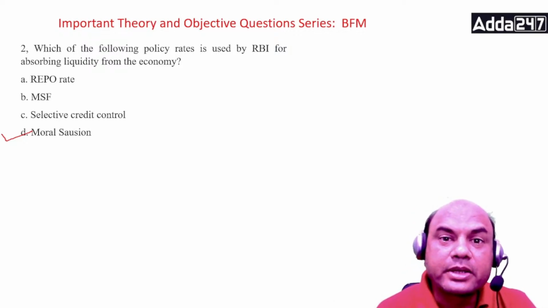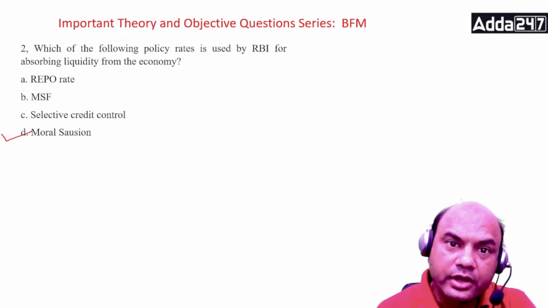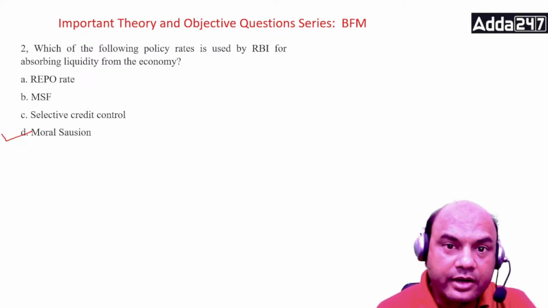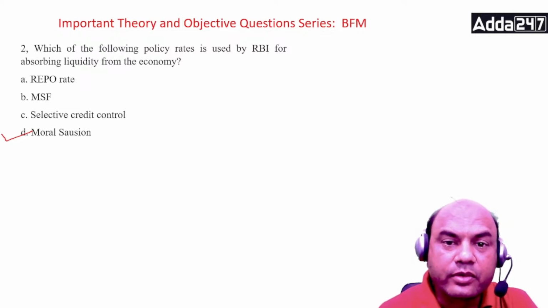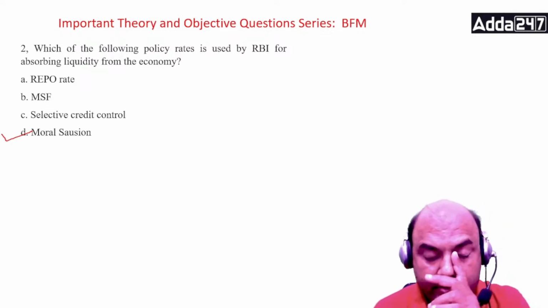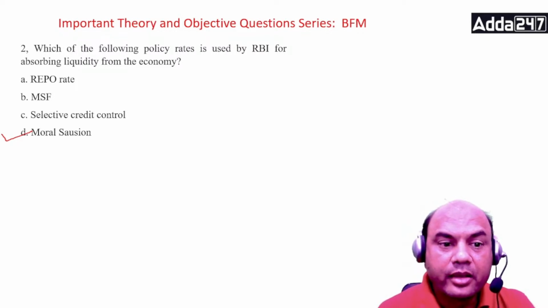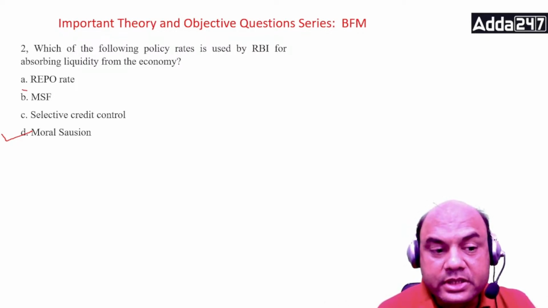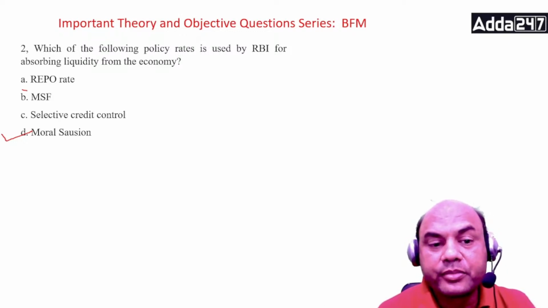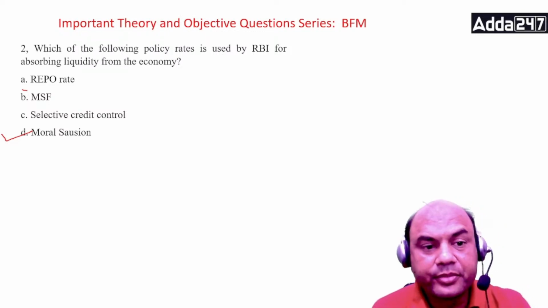In that case, MSF comes into the picture. MSF rate is the highest rate. Selective credit control is totally different; it is related to the internal part of the bank, meaning whom to give the loan and whom not to give the loan. Moral suasion is done by RBI for absorbing liquidity from the economy.